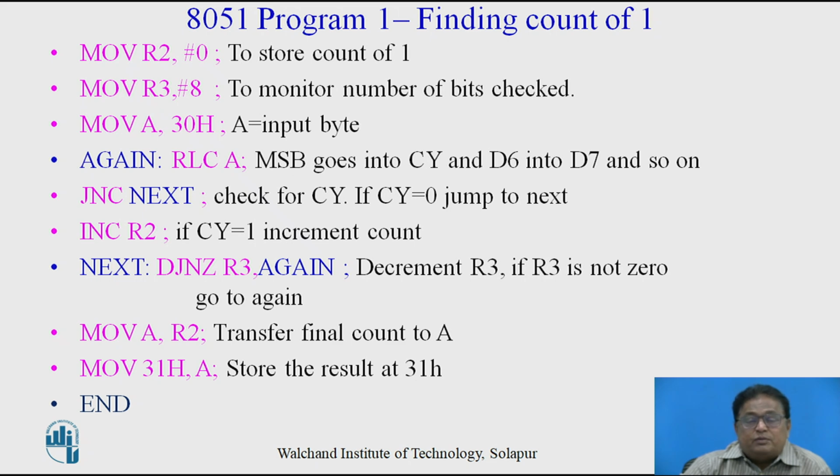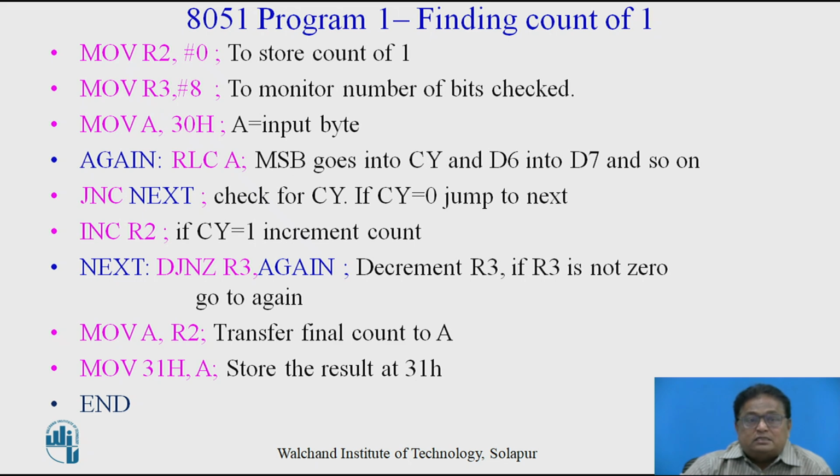So, jump if no carry to the address next. That means the R2 register, which we use to count the number of ones, is not incremented. If carry is generated, this condition is false and the INC R2 instruction will execute, so R2 will be incremented by 1.